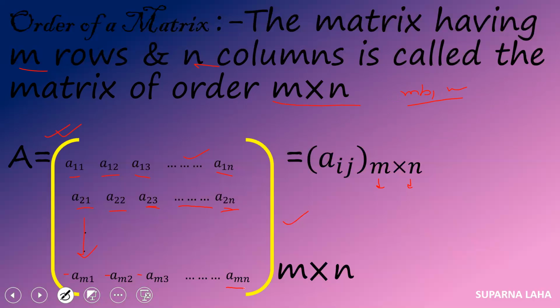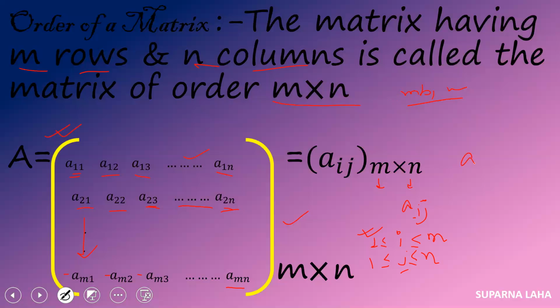So look, I'm writing these elements in Aij form, where i is moving from 1 to m, and j is moving from 1 to n. That means the first one represents the rows and the second one represents the columns.